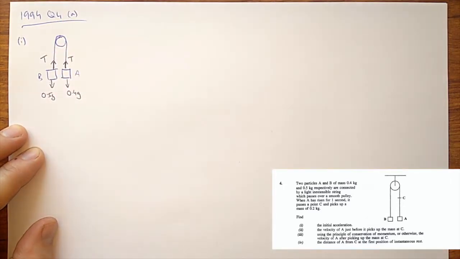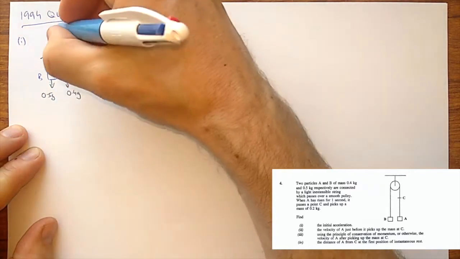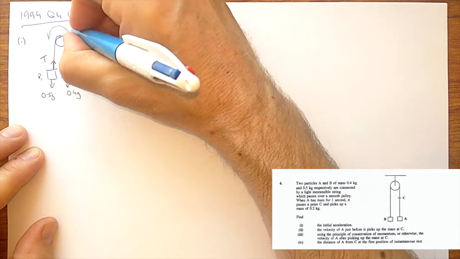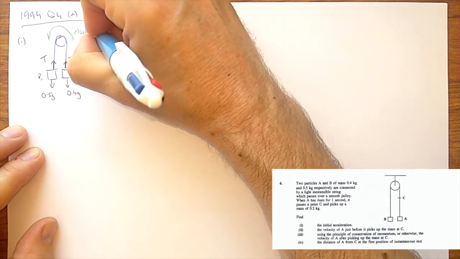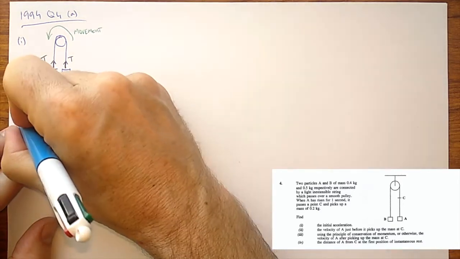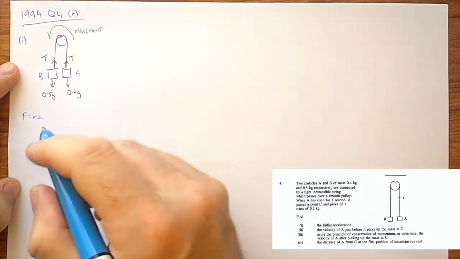Okay, now if we take a small bit of common sense, B is heavier than A, so our whole system is going to be moving like this. That just helps keep our sign conventions tidied up. Okay, so initial acceleration, well, this is going to be an F equals ma problem, because we have forces and we want acceleration.